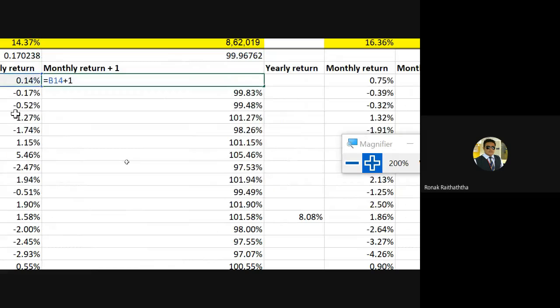We had just added 1 to the monthly returns. Now, this is not the simple average of return we have taken. This is not just a simple addition of the monthly return. No, you cannot just simply add the monthly return to get the yearly return, because it's compounding in nature, right? So that's why we were supposed to find the yearly return by applying the geometric mean concept. That means it was multiplying with each other.